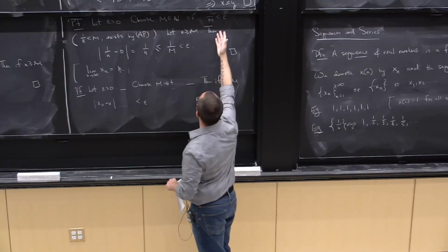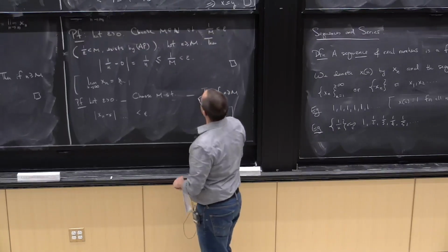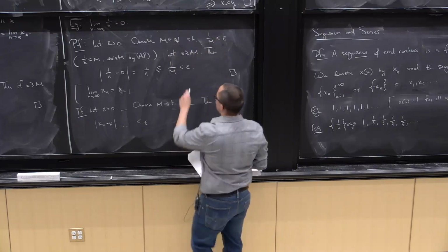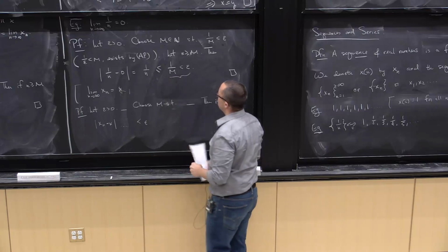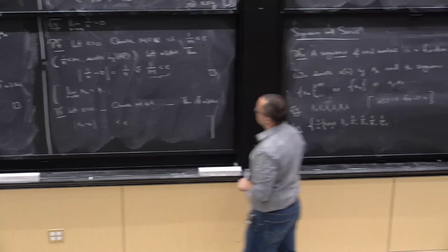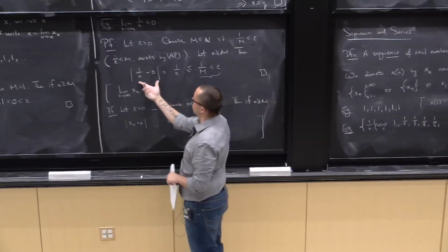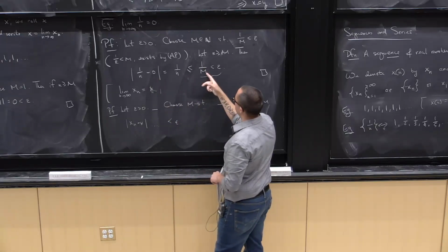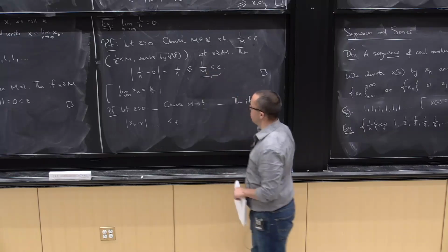How did I come up with M? Why did I choose M in this way? In the end, you can see it here: I chose it because if I fiddle around with the thing I want to bound, I ended up with 1 over M, which I can control, right? And make it smaller than epsilon.